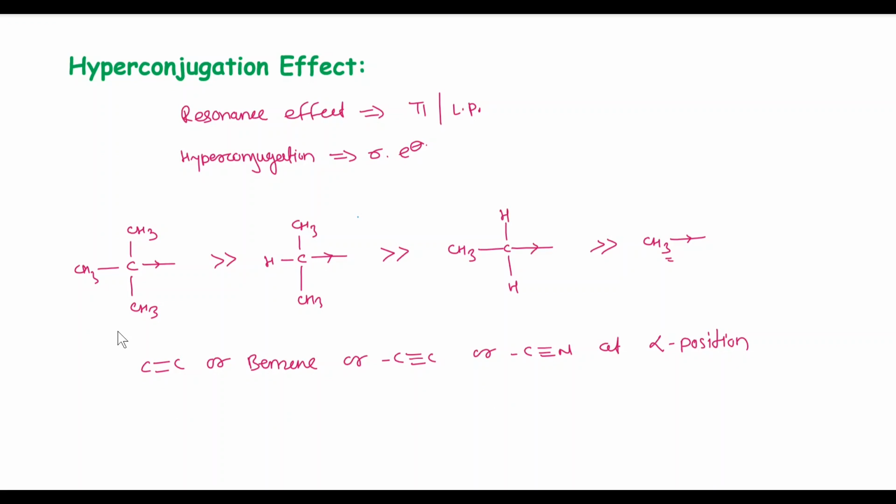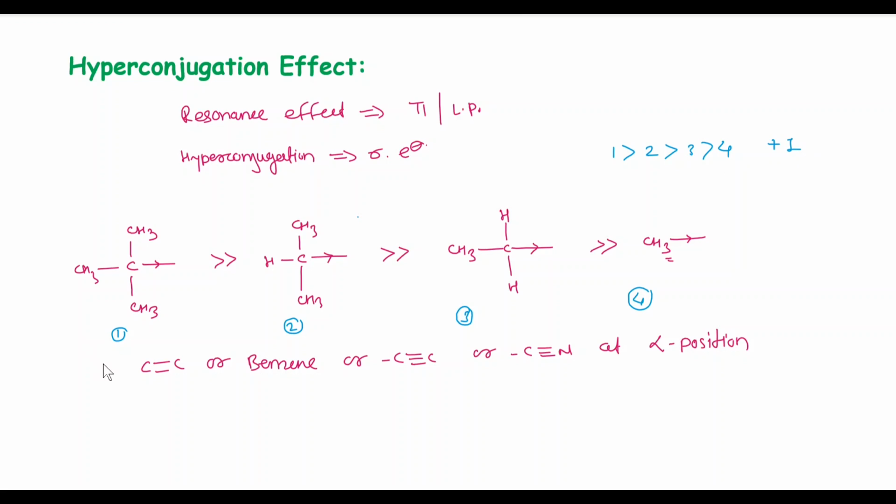Write the numbers for this order: first, second, third and fourth. For inductive effect, the first has more electron donation capacity than the second, the second more than the third, and the third more than the fourth. This is for the positive inductive effect.